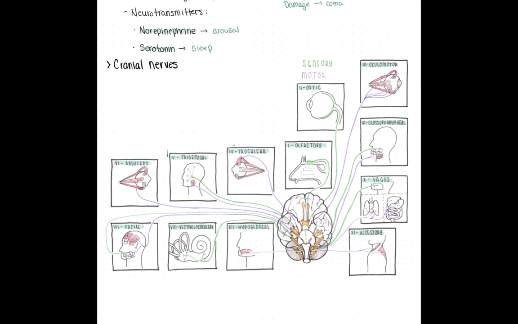I think a good way to study it is to go through the list of the cranial nerves in your chapter notes, and you should know for each one if it carries sensory information, motor information, or both. Then you should generally know what type of information that is.